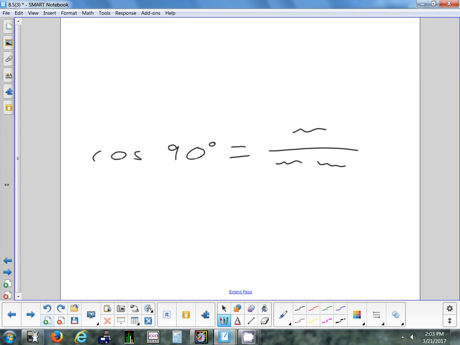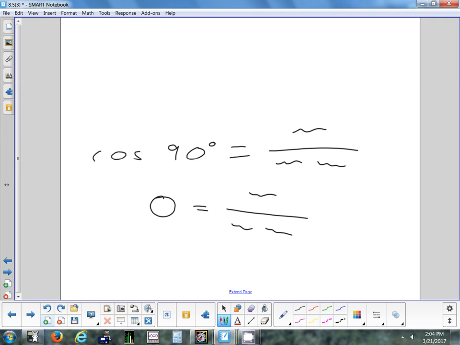You're going to see in a second, it doesn't really matter what's on the right-hand side, because watch what happens on the left. What's the cosine of 90? 0. Okay, so if you got an angle that was 90, somehow this fraction would have to equal 0. What's the only way that a fraction can ever come out to 0?